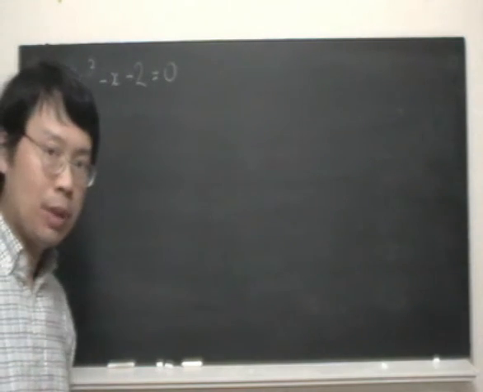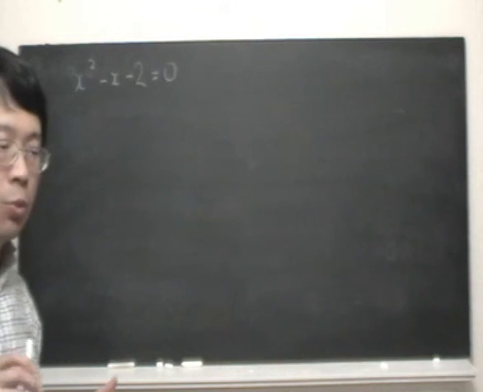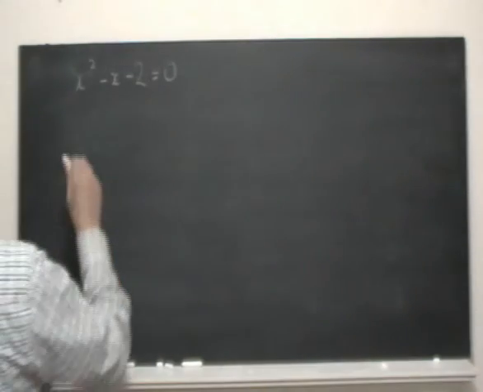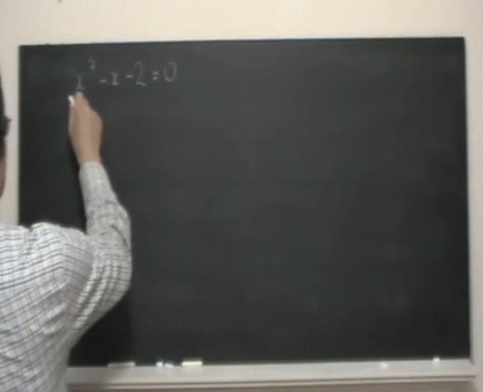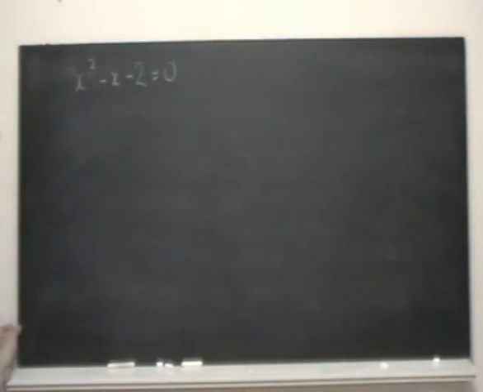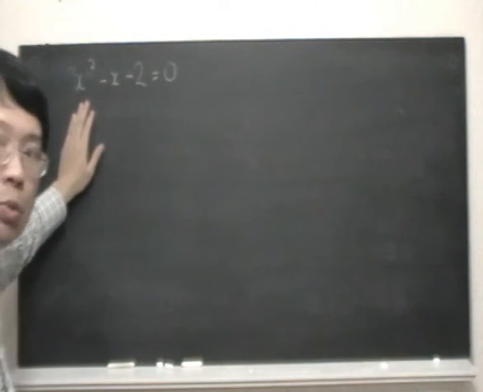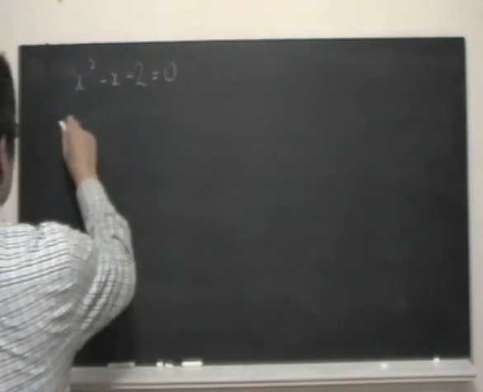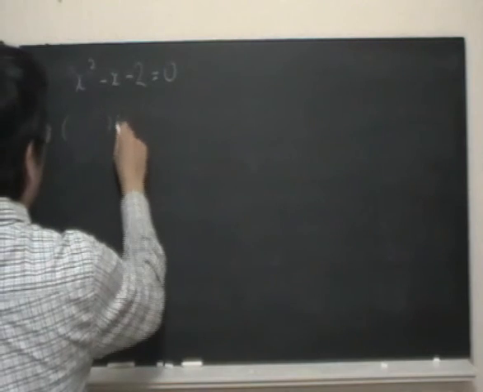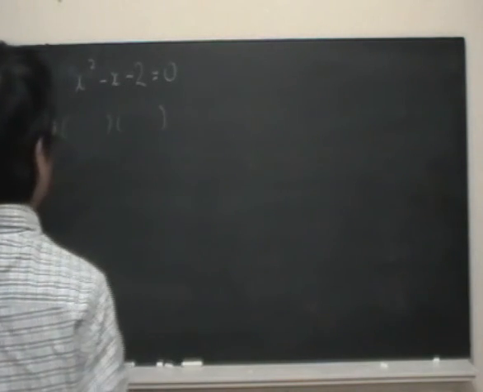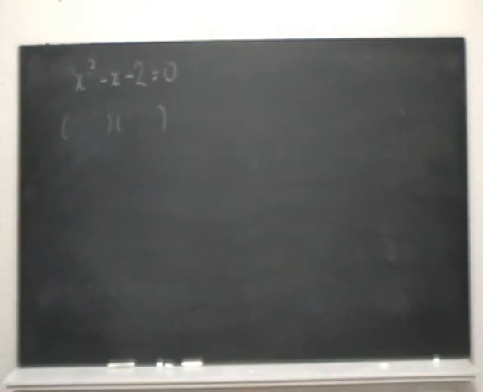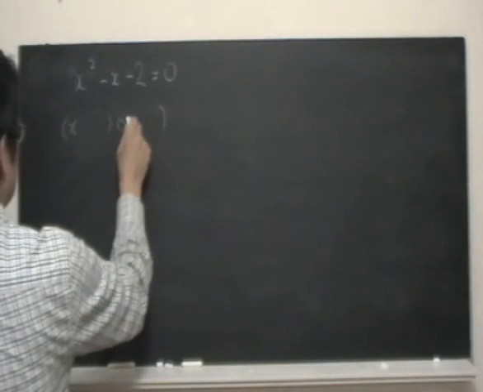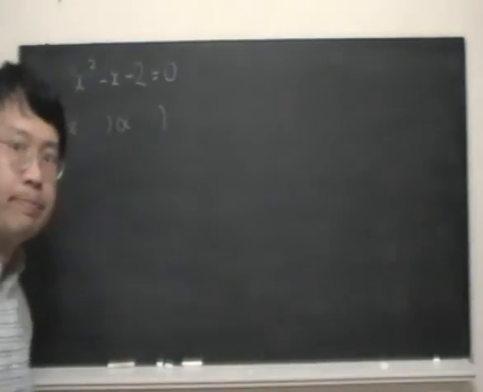Now if you remember, we have looked at factorization previously, and the way to do it, in this case, when we have just x squared with no number in front of it, is to write down two brackets. Put an x in each bracket.